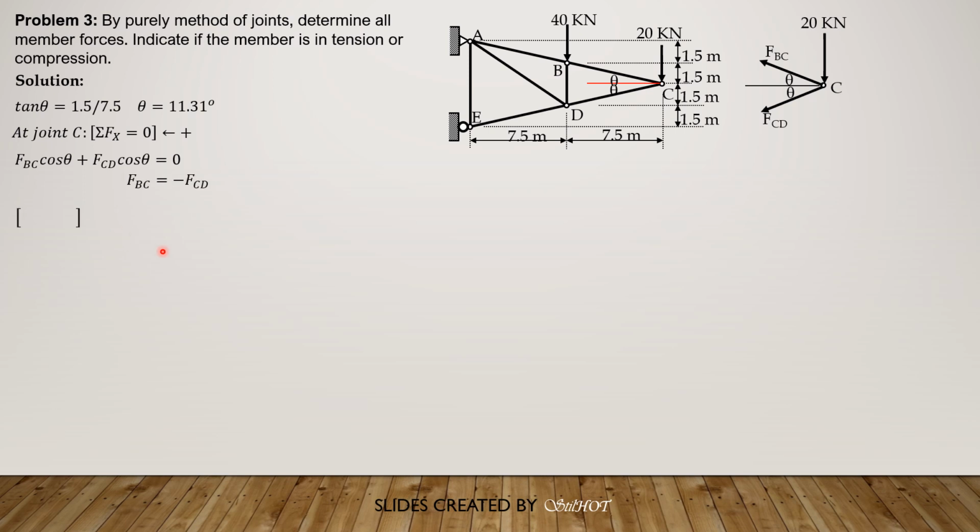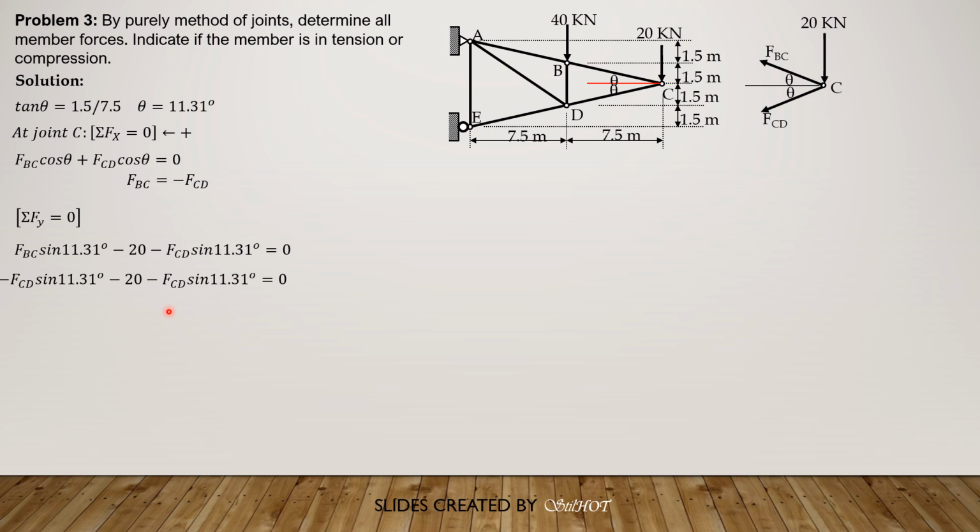Then next is we sum up forces y equals 0. FBC sine of theta, sine of 11.31 degrees, then minus 20 minus FCD sine of 11.31 degrees equals 0. So substituting the value of FBC in terms of FCD, which is negative FCD, then from here, from this equation, only FCD is the remaining unknown.